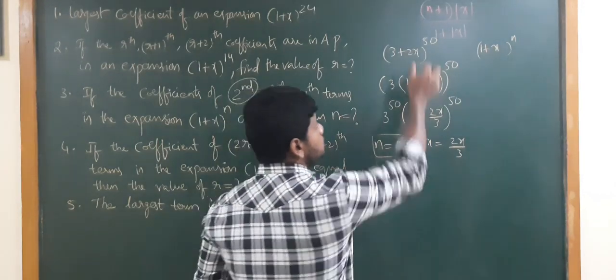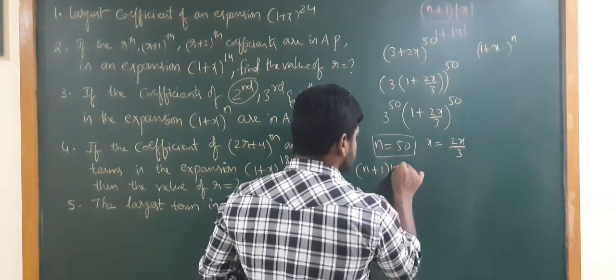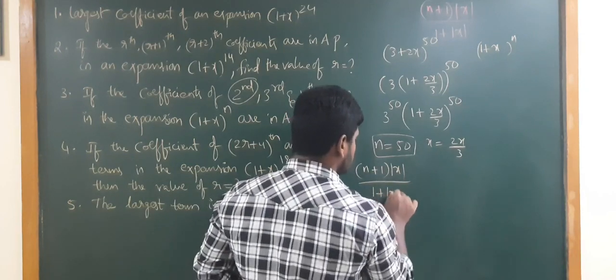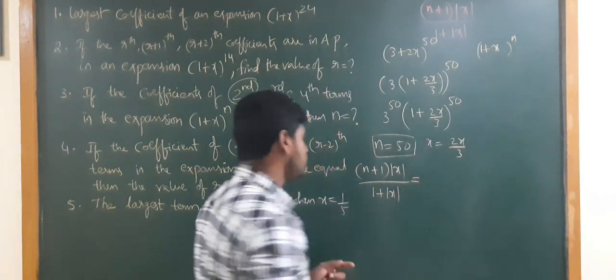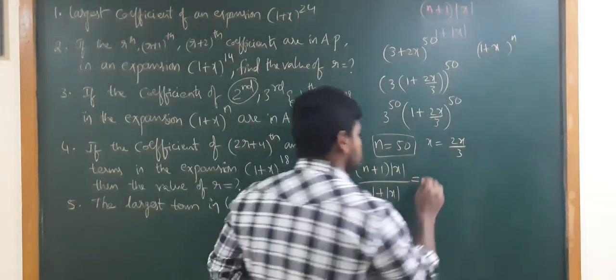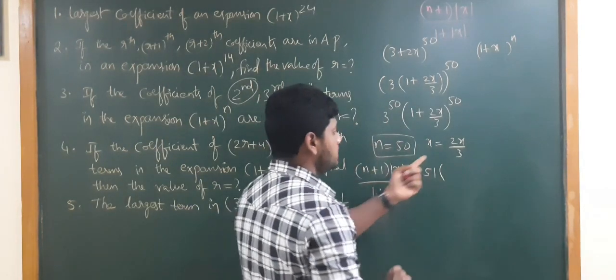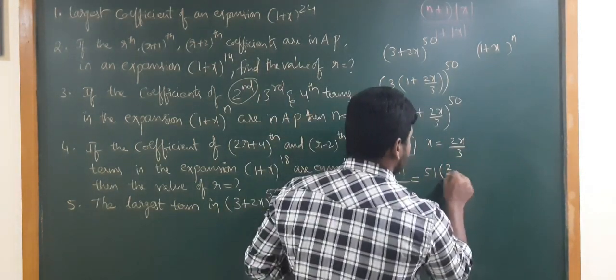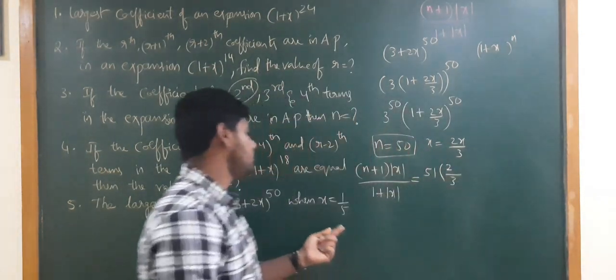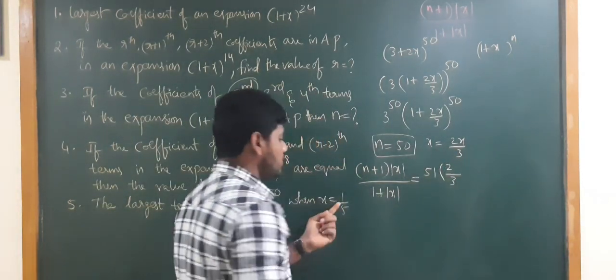Now we will substitute these two values in that formula, (n plus 1) into mod x divided by (1 plus mod x). So to find the largest term, what is n plus 1? 50 plus 1 is 51 into mod x. Here we need to substitute 2x by 3, but x is given as 1 by 5.